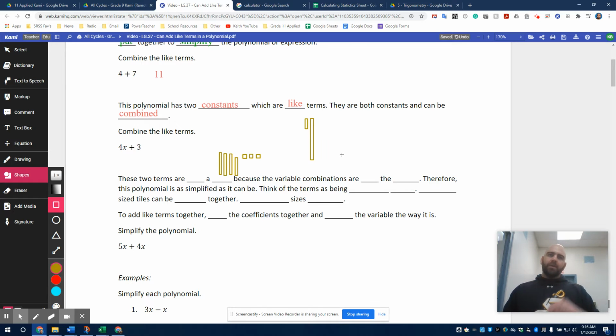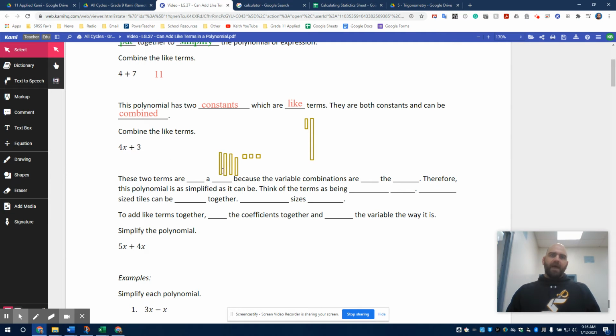That might sound a little weird, but we don't know if it's a small x or a big x, so we can't compare these little ones, which we know the size of, to an x term. We can't put them together at this point.